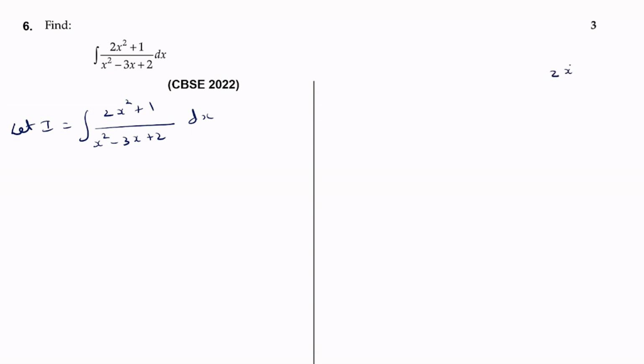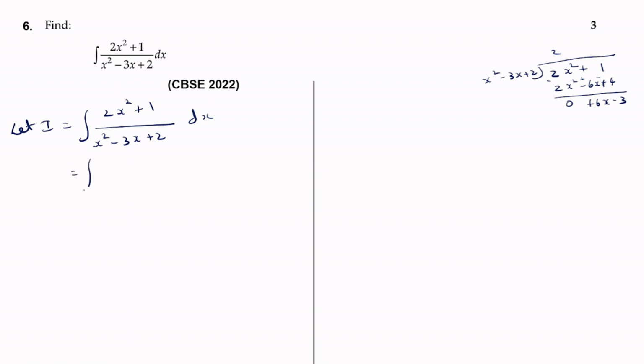Let us do long division to find the quotient and remainder. So 2x square plus 1 divided by x square minus 3x plus 2. So when we multiply this by 2, it is 2x square minus 6x plus 4. So this when we subtract, you will get 0 plus 6x minus 3.